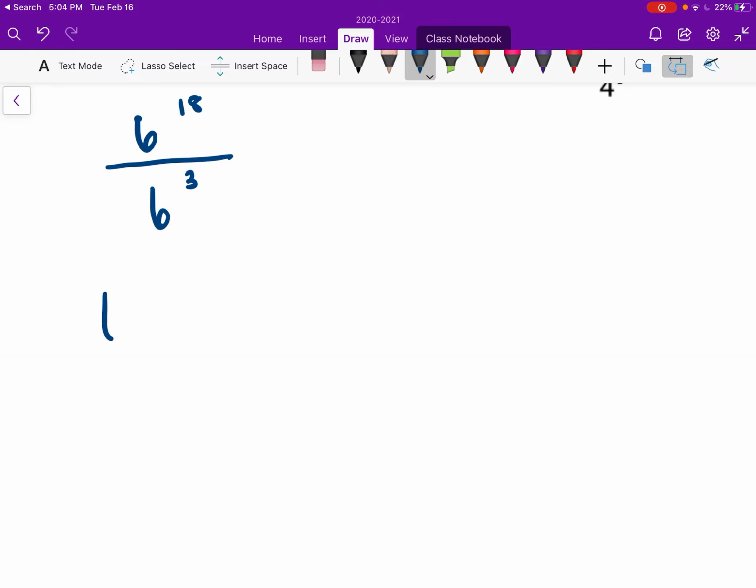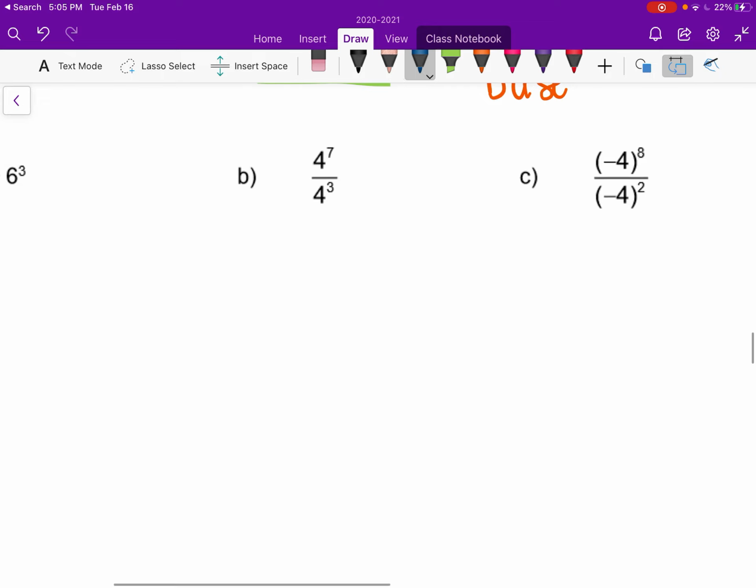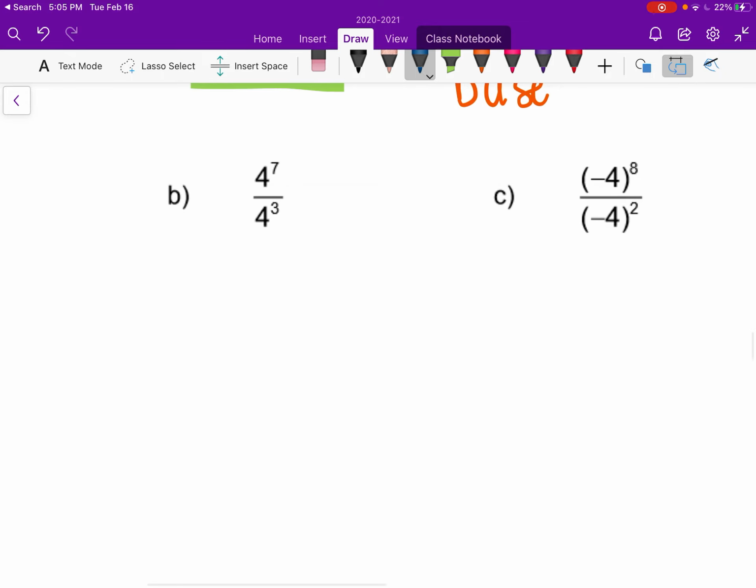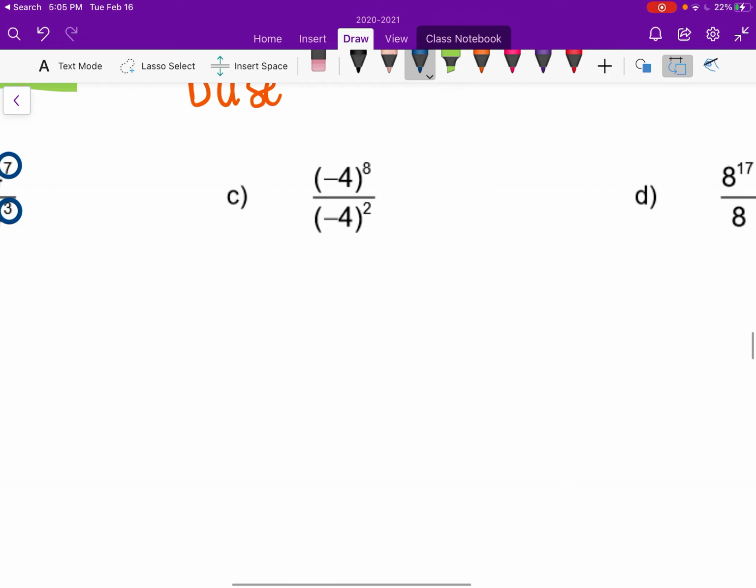Right, and I'm going to say, okay, 18 minus 3. 18 minus 3 is going to give me 15. So I know it's 6 to the power of 15. Same thing here. I have 4 to the power of 7, numerator, denominator. 7 minus 3, so it's going to be 4. 7 minus 3 is 4, so 4 to the power of 4. And I'm just going to leave it like this because I asked for it in a single power.